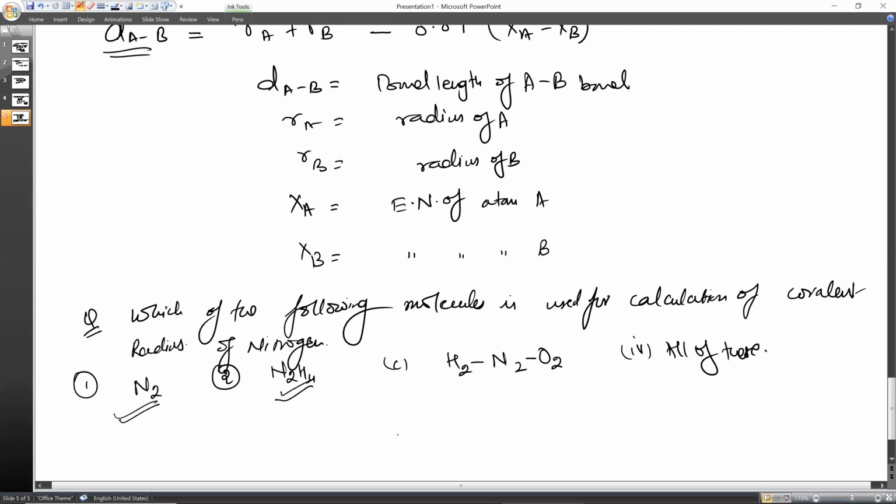In N2H4 the nitrogen has a single bond. One nitrogen atom makes a maximum of 3 bonds. Whenever we have a single bond, the single bond is given the first preference. Here the nitrogen is doubly bonded, and here the nitrogen is triple bonded.